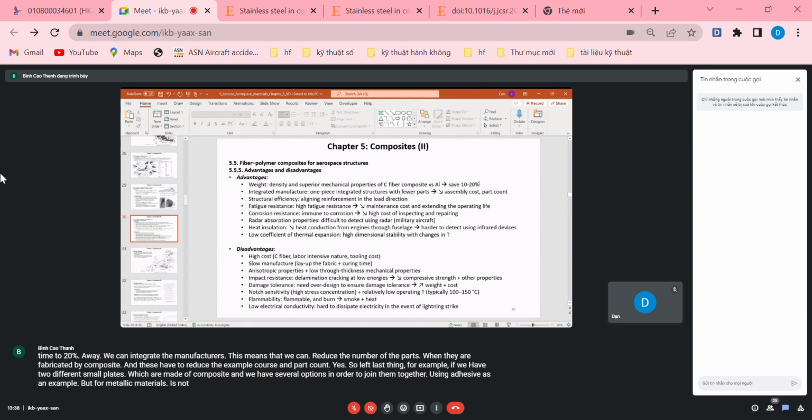But for metallic materials, it's not always possible to use adhesive to attach them together, and therefore you need to weld, or you need to drill holes in order to assemble with fasteners. In other words, by using composite, in many cases we do not need to create holes for fasteners, and therefore we can help to reduce the cost and the number of parts.